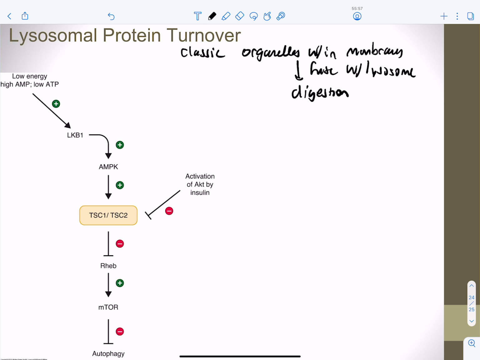Now, with respect to lysosome protein turnover, there is the mTOR pathway. Here's our mTOR. And mTOR is a protein that inhibits autophagy. So mTOR on, autophagy off.